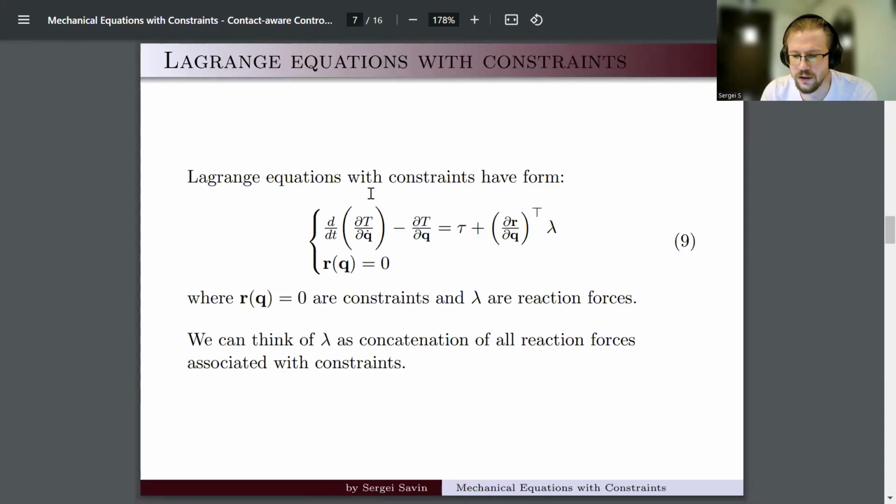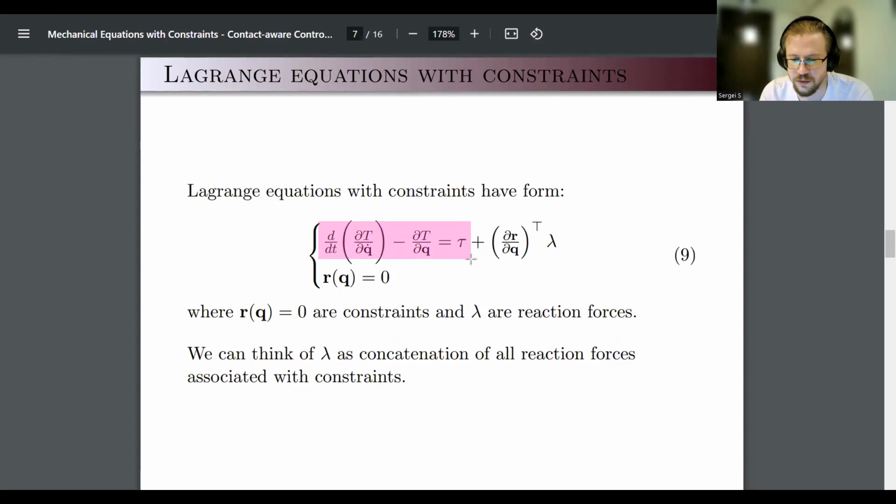Okay. Now, Lagrange equations with constraints have the following form. We have a familiar Lagrange equation here, exactly the same as before. Now we have additions.